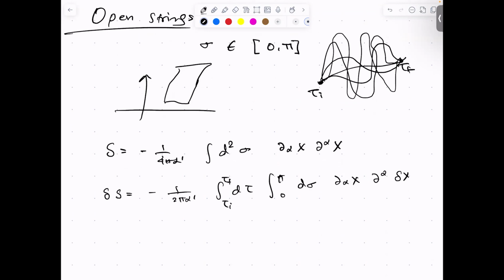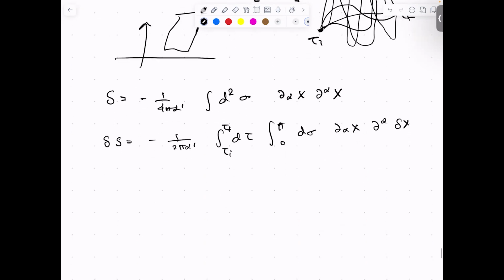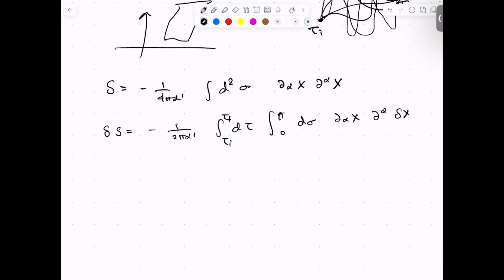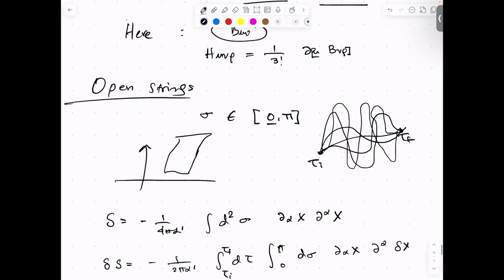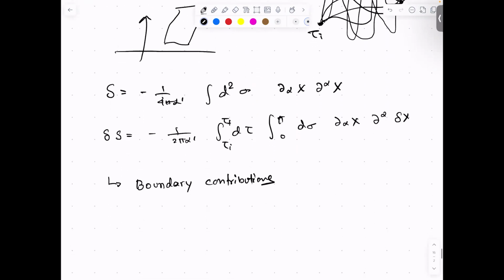So I took the variation of the x field, and if you see the manipulations in Tong, there are some boundary terms that used to cancel for closed strings but do not here. Since the endpoints are not coming back to the same point, the cancellation in the integral does not happen. You can check this just by plugging in.